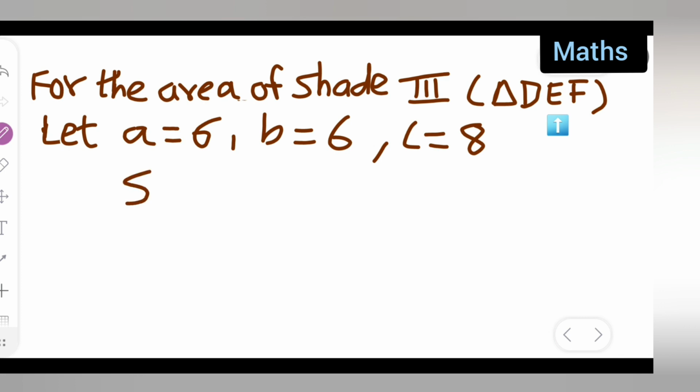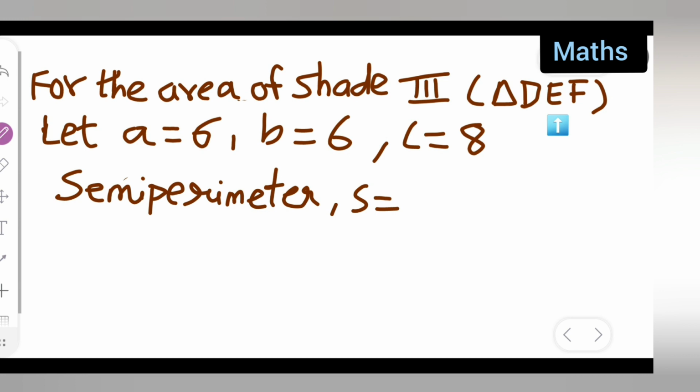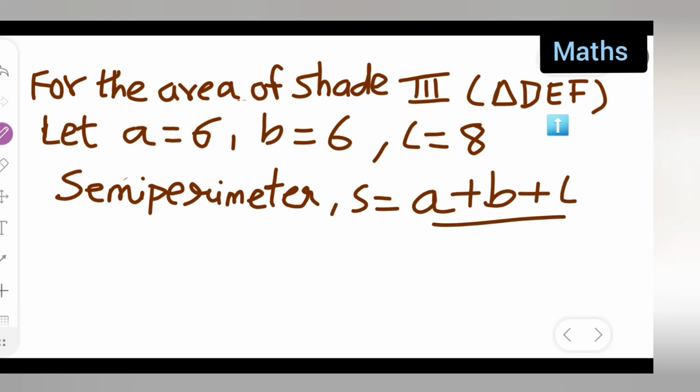So we need to find the semi perimeter. So the formula of semi perimeter is S is equal to A plus B plus C upon 2.